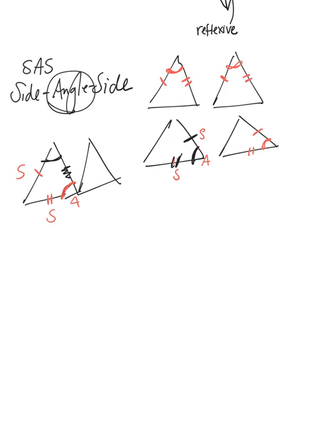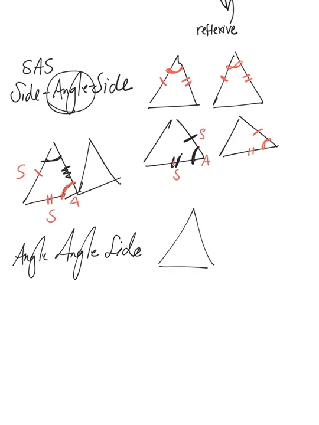Now, we also have one called angle, side. Okay, so that looks like an angle congruent, these angles congruent, and then a side. Okay, so angle, side. And you see how we skipped a side? That's okay for this one because we have one called angle, side.